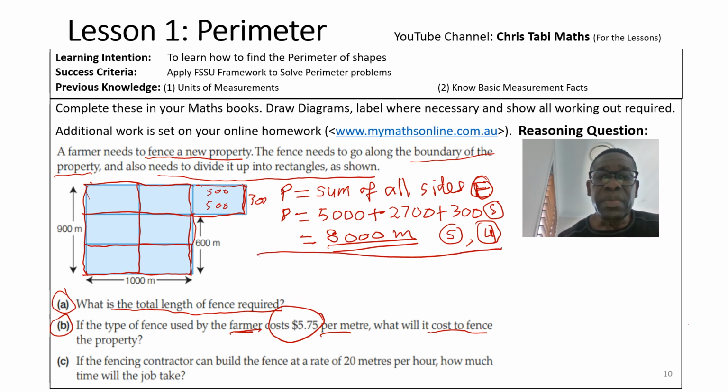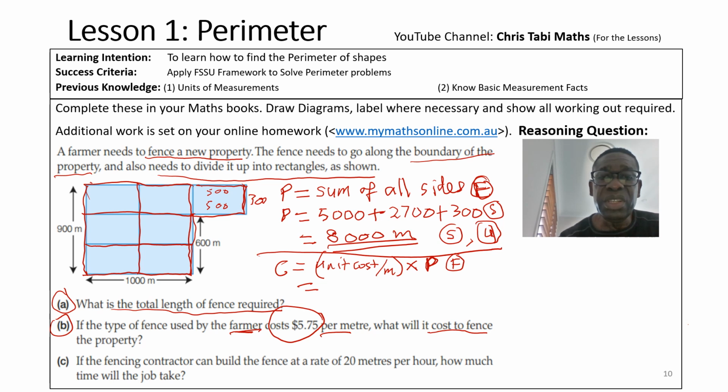Well, the cost is equal to the unit cost per meter multiplied by how many meters to be fenced, in this case the perimeter. So that's the formula.